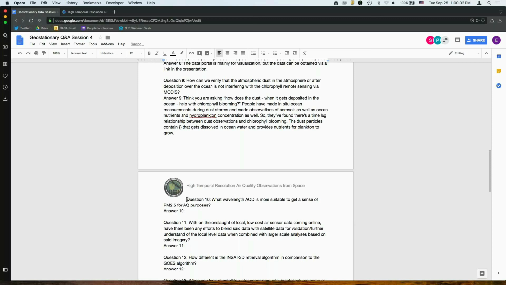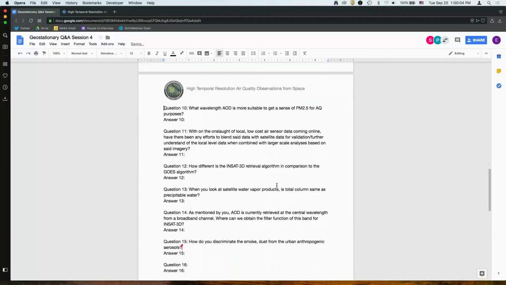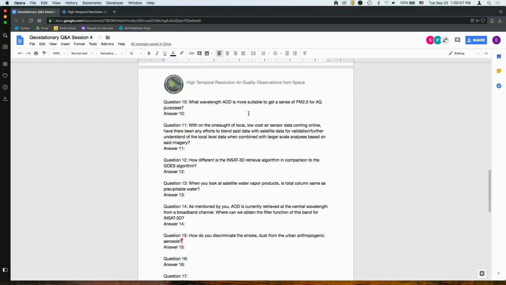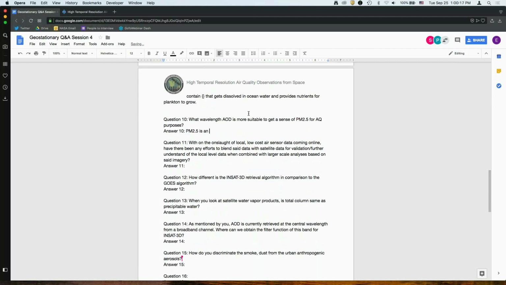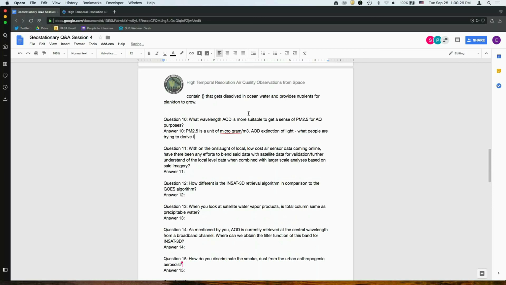The next question is, what wavelength is more suitable to get a sense of PM 2.5 for air quality purposes? See, PM 2.5 is a mass, the unit is microgram per meter cube. AOD is the extinction of light. What people are trying to derive is a correlation, using AOD and the in situ measured PM 2.5, through statistical or non-statistical means.